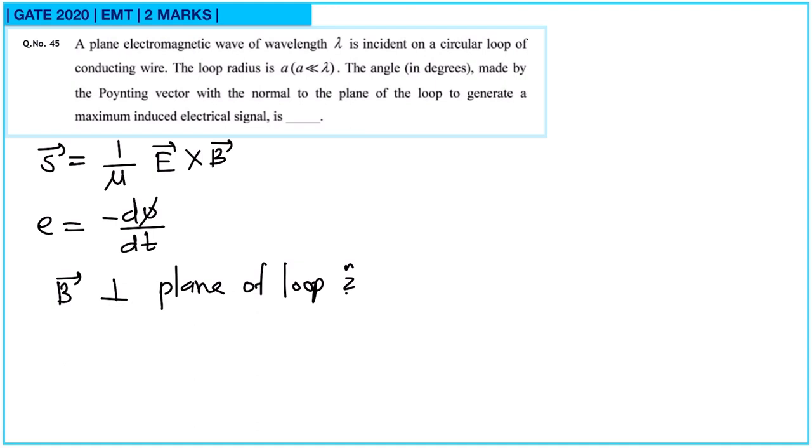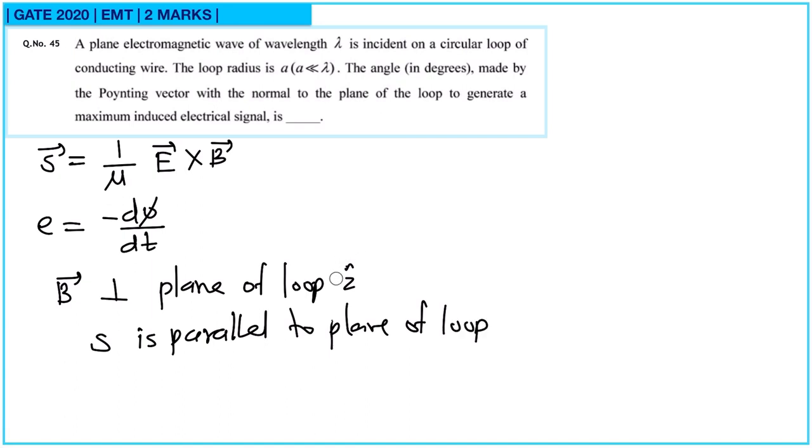Now if it is along z cap direction, then S bar is perpendicular to B bar. That means S bar should be parallel to the plane of loop. S bar is equal to cross product of E bar and B bar.